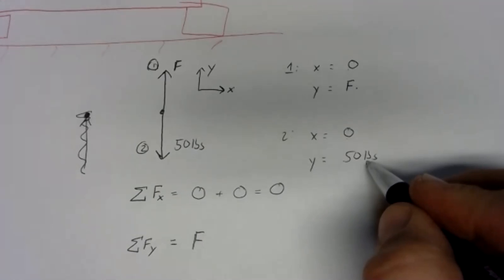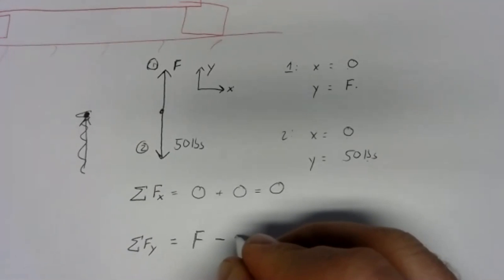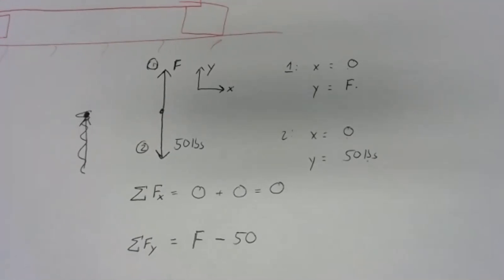Vector 2 has a y component of 50 pounds, but it's pulling down, so it's negative. And I really can't simplify that anymore. If you think about algebra, I've got an unknown and a number. I can't reduce that down. So if all we were going to do was form a sum of vectors, we'd be stuck right here.